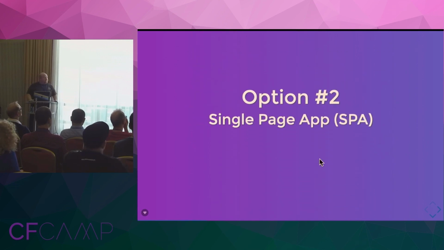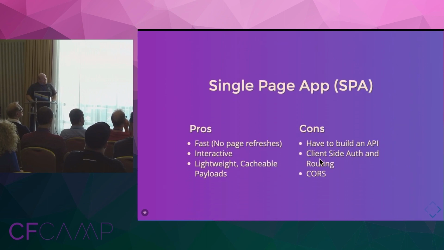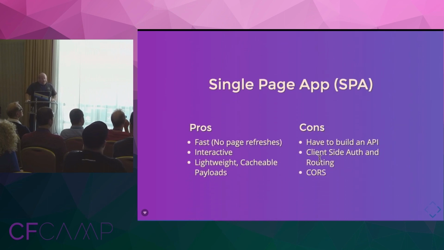Option 2 that we have are single-page apps, SPAs, whatever you would like to call them. And these are very fast, interactive, and lightweight, right? We can get all of those boxes checked off. But on the con side, I mean, you're kind of building your app twice. You need an API now.